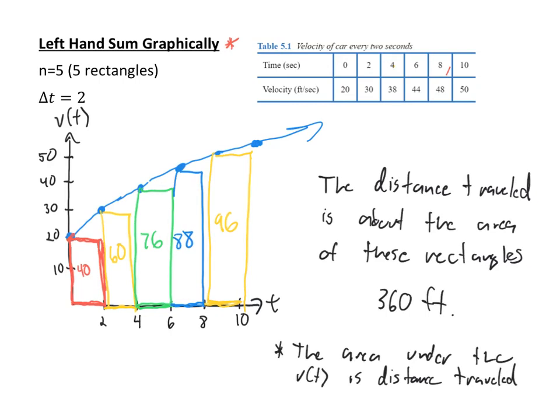That's going to be an important idea in section 5.2. Area under the velocity curve tells us distance traveled. If you notice, doing this left-hand sum, my rectangles are below the curve. Because the rectangles are below the curve, that is why this is an underestimate.